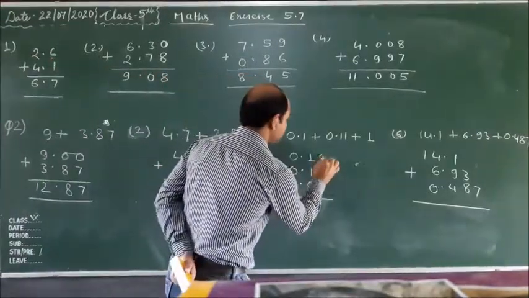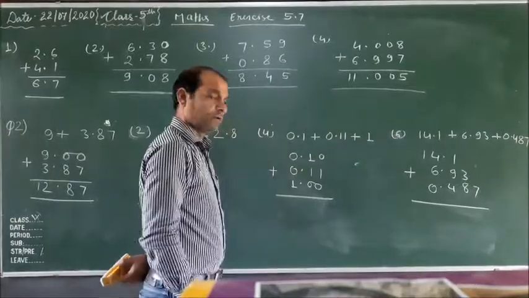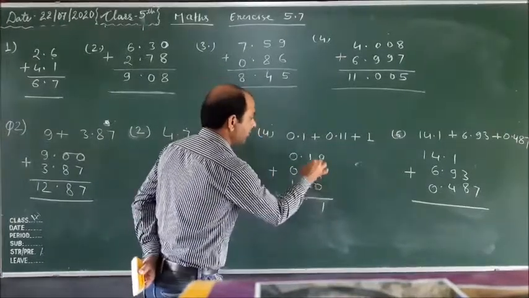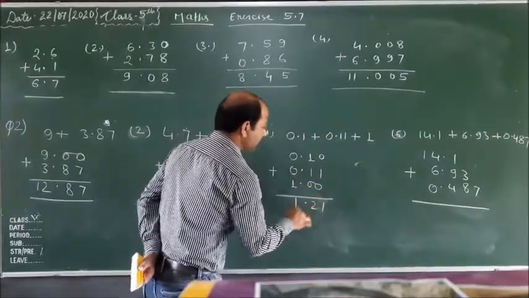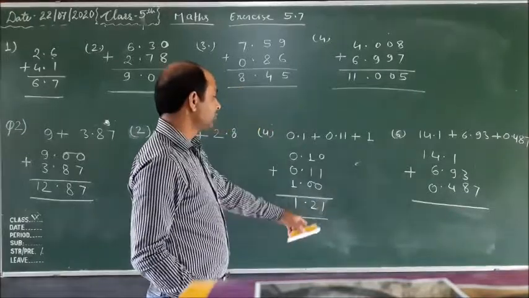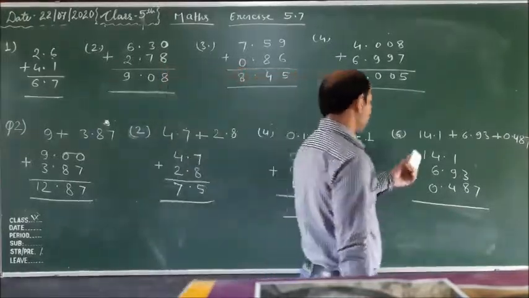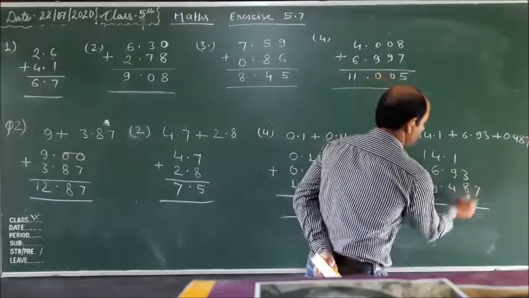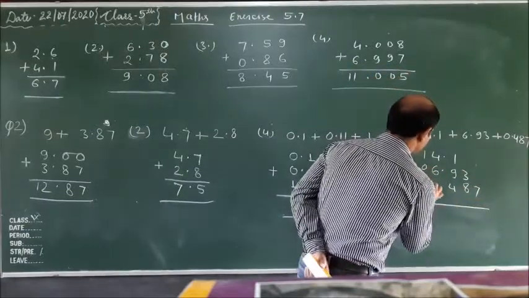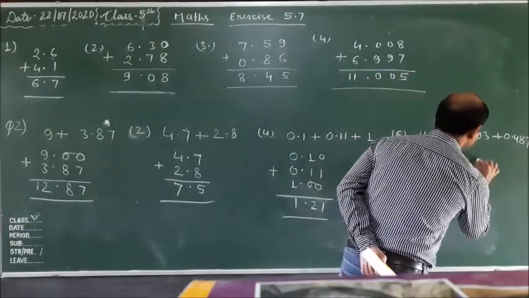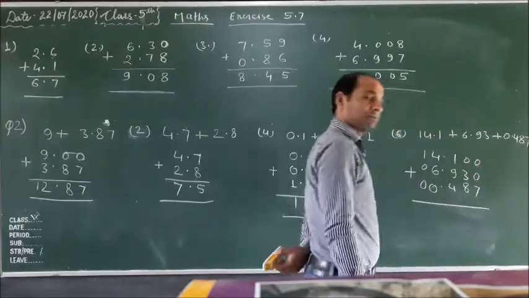Now here we increase here 20. This is a like decimal. Then 1, 0, 1, 1, 1, 2, decimal, and 1.21. This is your answer. Now the question number 6. First we make the like decimal. This is your like decimal.